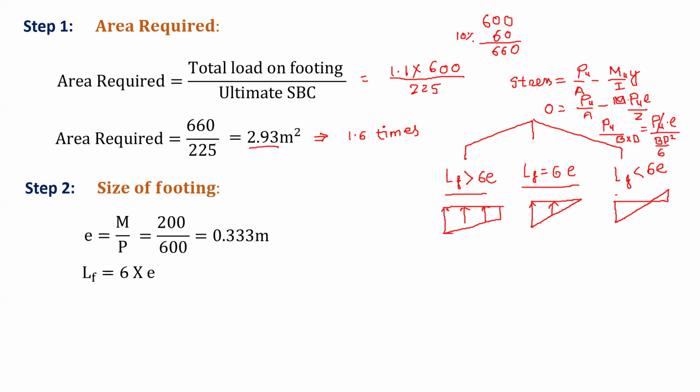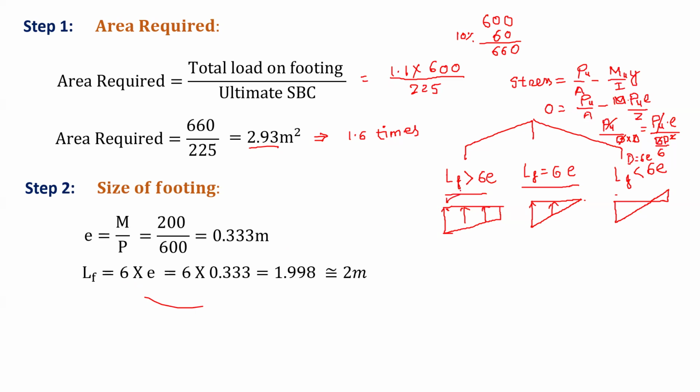Pu gets cancelled, B D gets cancelled, and then D equals 6 into e, where B and D are the width and depth of the footing. Therefore we consider the value 6e as the limit for 0; if greater, we have values in this fashion. Here we will consider 6e and provide greater so that we are within this condition.